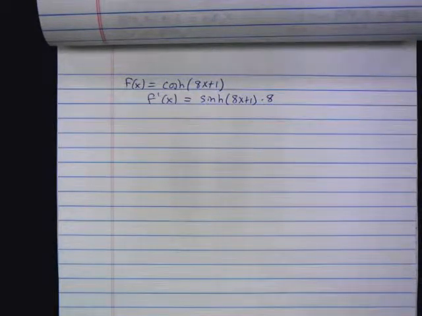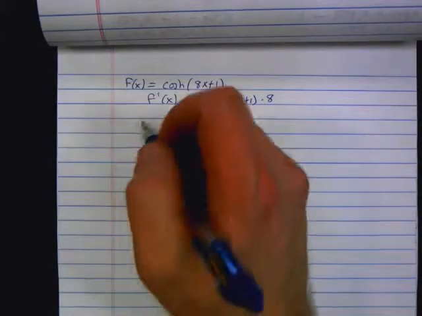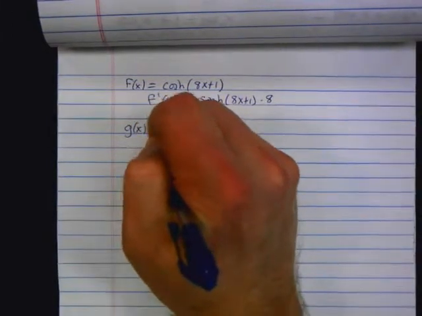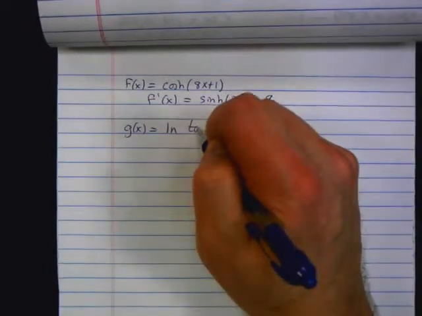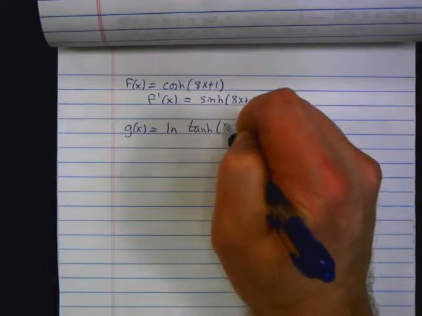I got it right. Yeah, it was a good shot. Chain rule is still there. Doesn't change. How about, I tried to trick you. It didn't work. G of x is the natural log of the hyperbolic tangent of x over 2.